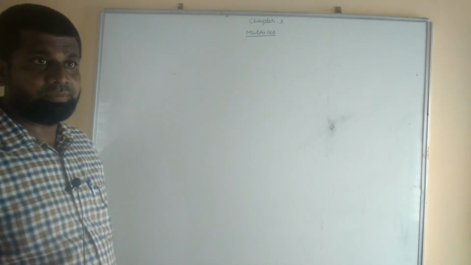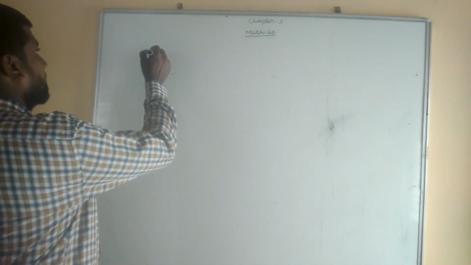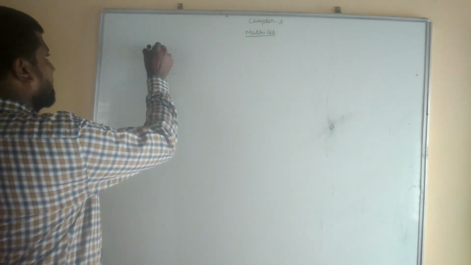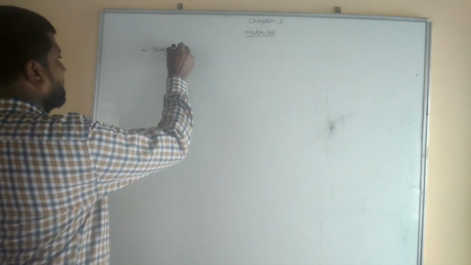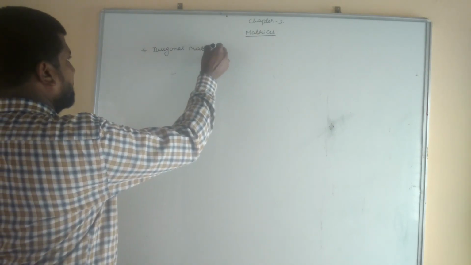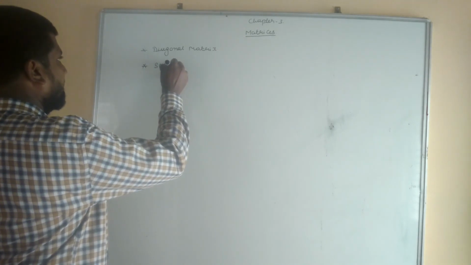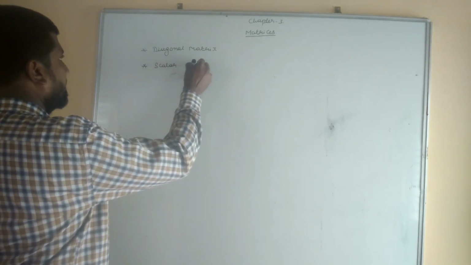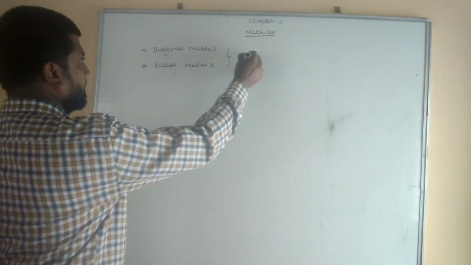In the previous examination, they repeated 2 questions about the types, that is diagonal matrix and scalar matrix. This is for 1 mark. You have to write the definition and the example.